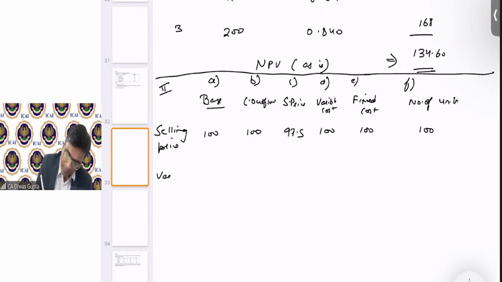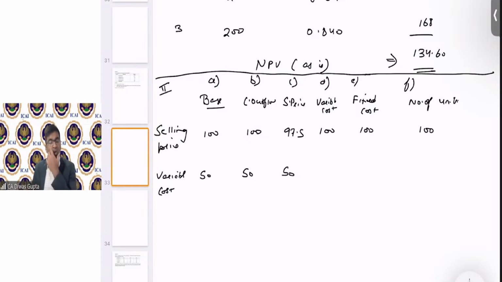Then variable cost. Variable cost will be 50, 50, 50. And here, which is the change in the variable cost, the D case, it will increase by 2.5%. So 50 plus 2.5% of 50, which is 51.25. Here also it will be 50. Here also it will be 50. So what is the net contribution?